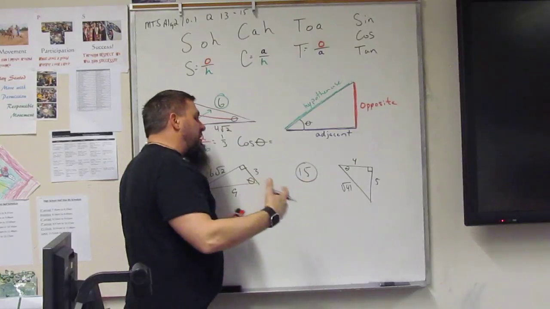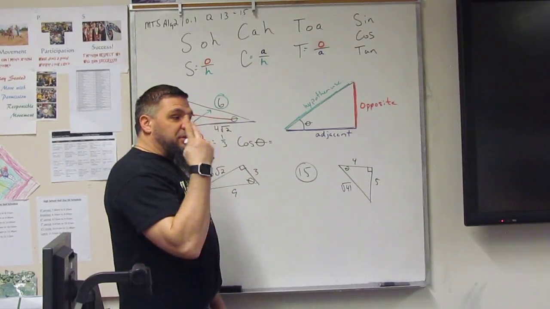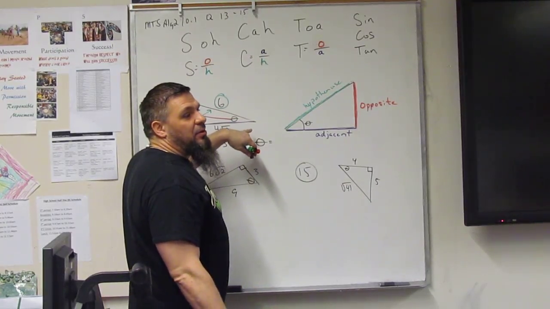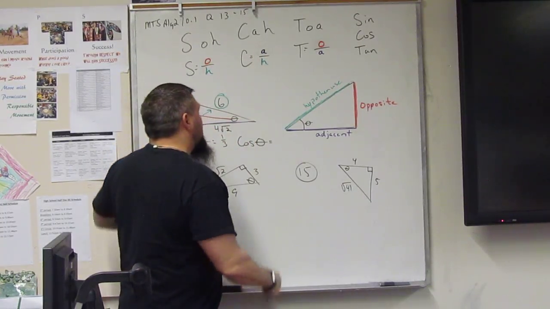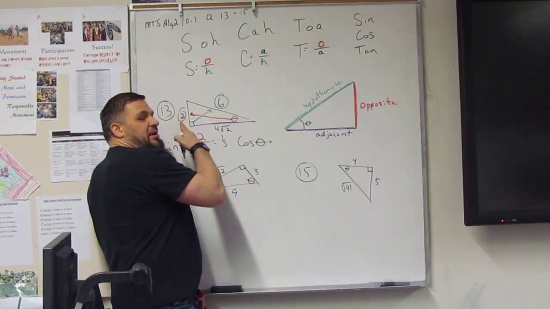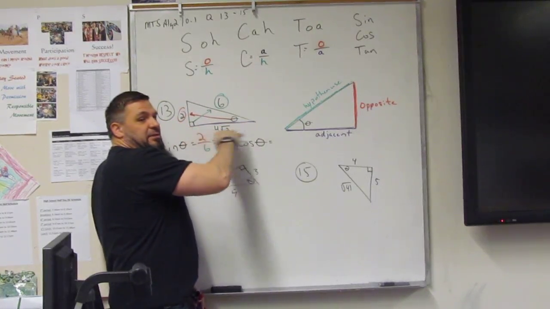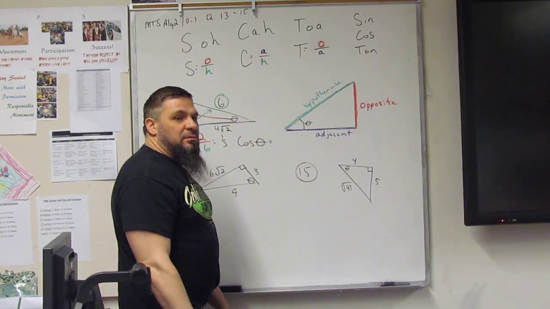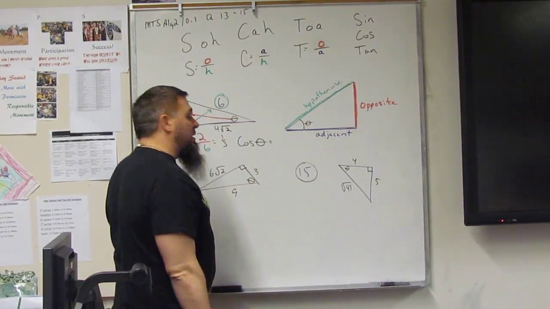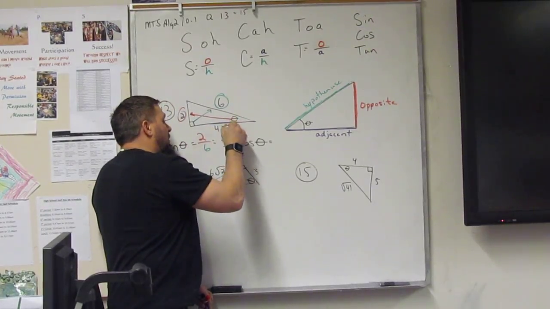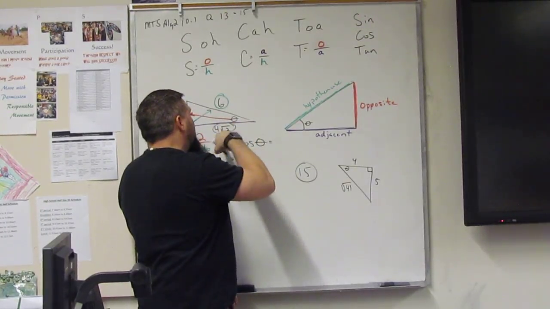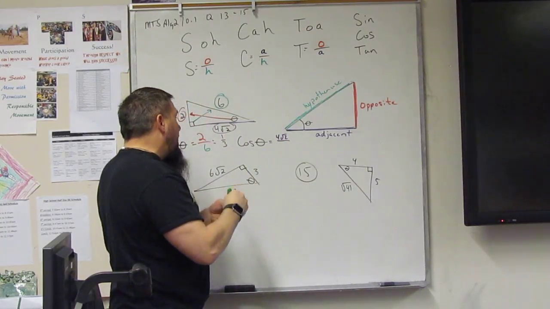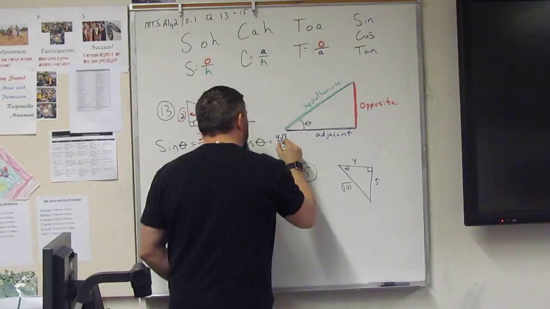Then there's two legs: the leg opposite of theta or the leg adjacent to it, and they create the perpendicular legs of the right triangle. So in this case, it's going to be adjacent, which is 4 square roots of 2, over the hypotenuse, in this case, still 6.